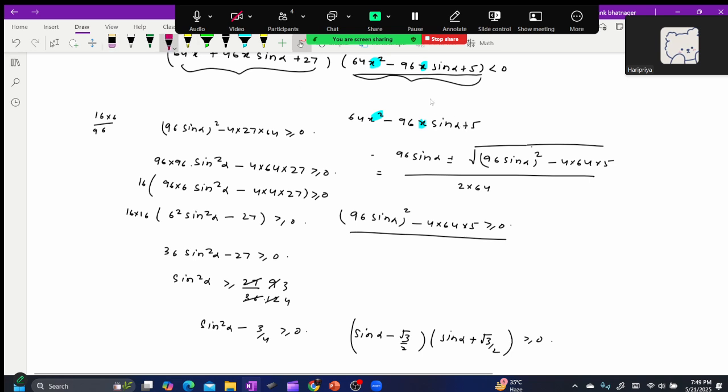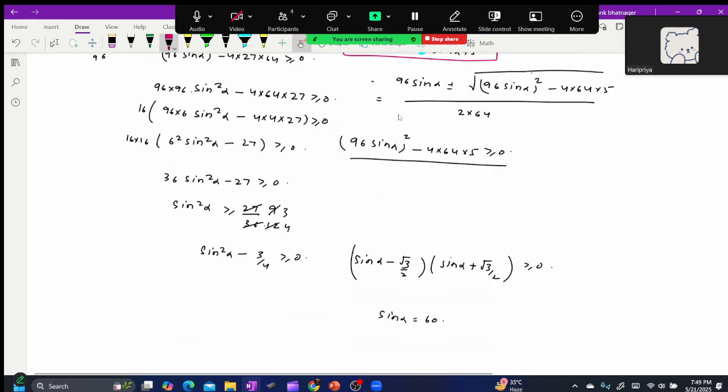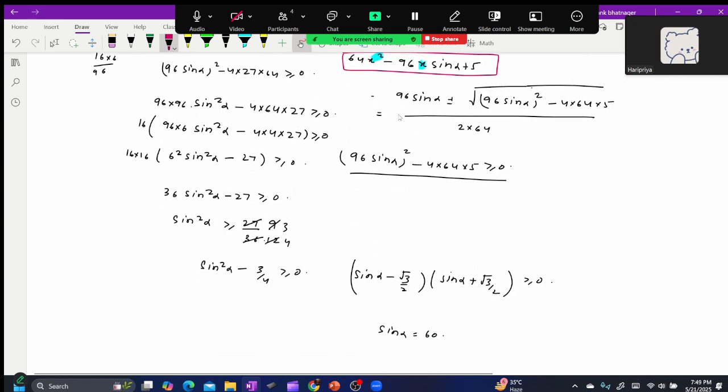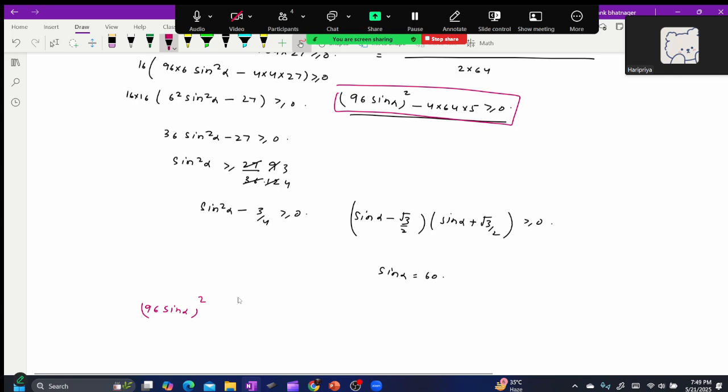The second thing we are going to get is by using this one, I think. Let me try to solve this one. 64x square minus 96x sin alpha plus 5. Because we had this condition. In the similar way, if we try to solve this, 96 sine alpha whole square minus 4 into 64 into 5.